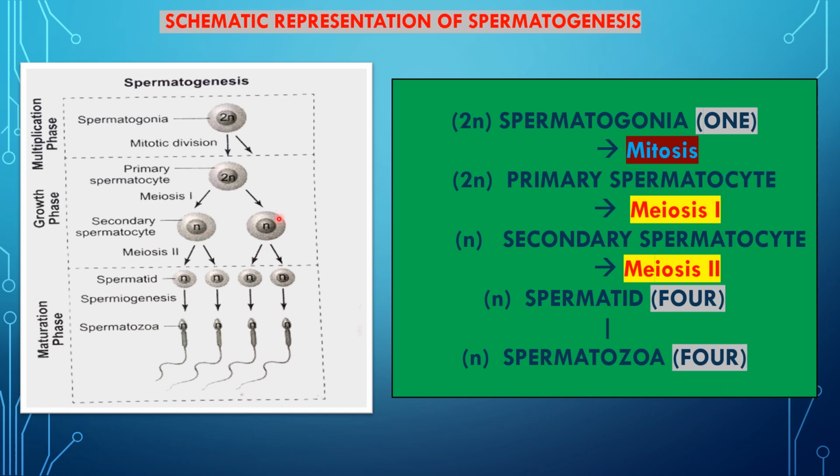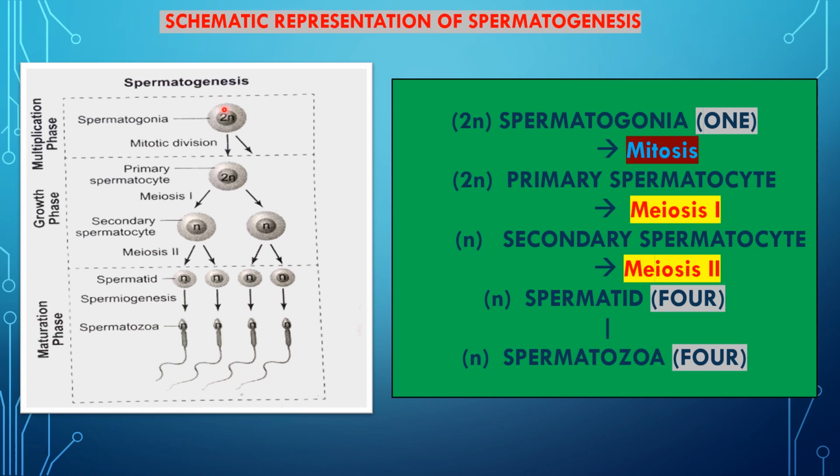This secondary spermatocyte again undergoes a division, meiosis 2. Meiosis 1 is reduction division, but this is not reduction. In meiosis 2, each secondary spermatocyte produces two spermatids. So as two secondary spermatocytes are there, you get 4 spermatids produced from one spermatogonia.